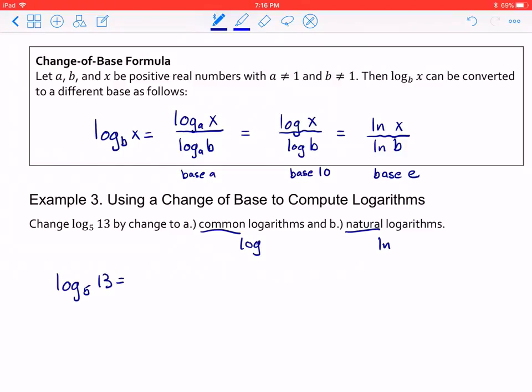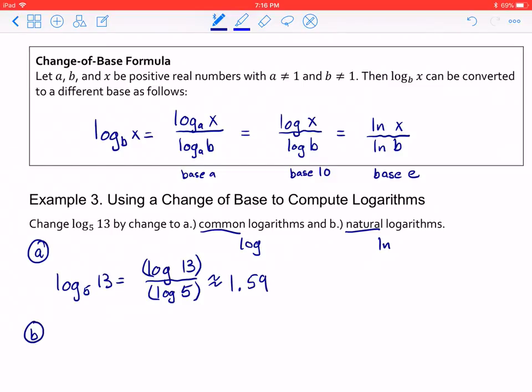Can't type that in a calculator, but change of base says I can convert this, we're doing the common log, to log base 10 of 13 divided by log base 10 of 5. And if you were to type that in a calculator, what would you find? This would be approximately equal to, so again, make sure you do the top and the bottom and then get those values and divide. You'd get approximately 1.59.